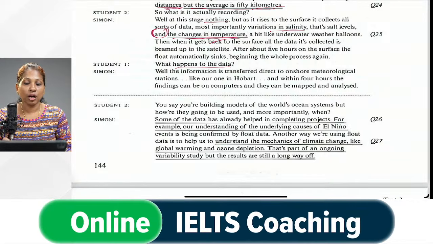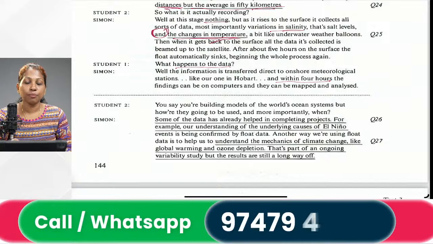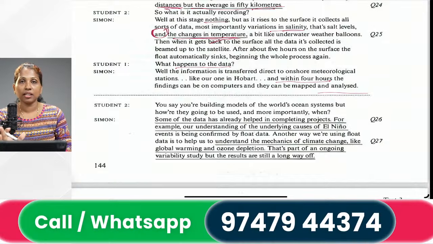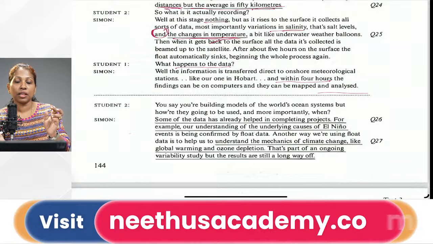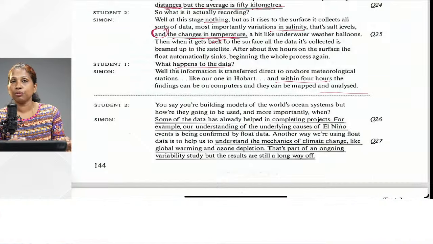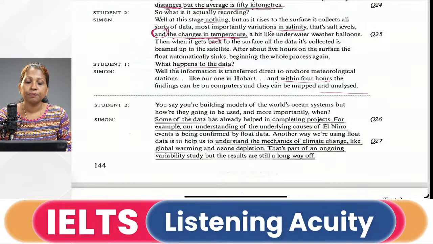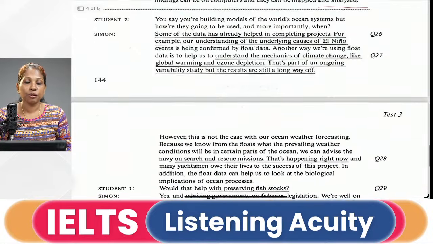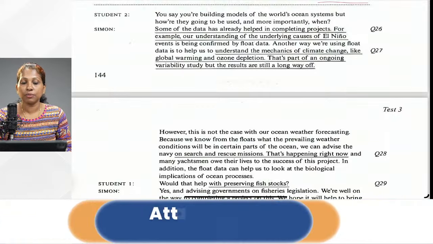Then within 4 hours, the findings can be on computers and they can be mapped and analyzed. So this is how the data goes first from the float to the onshore meteorological stations, and then within 4 hours to computers where it can be mapped and analyzed.